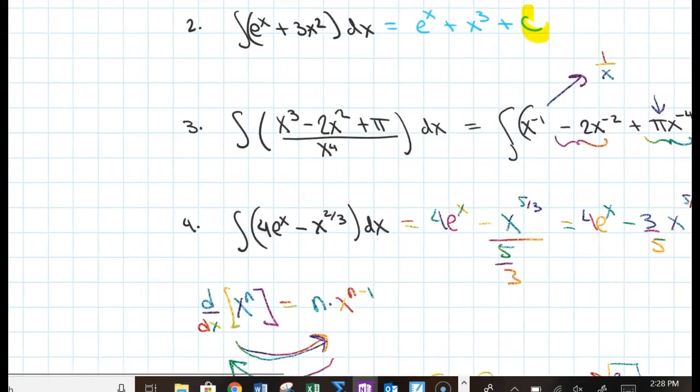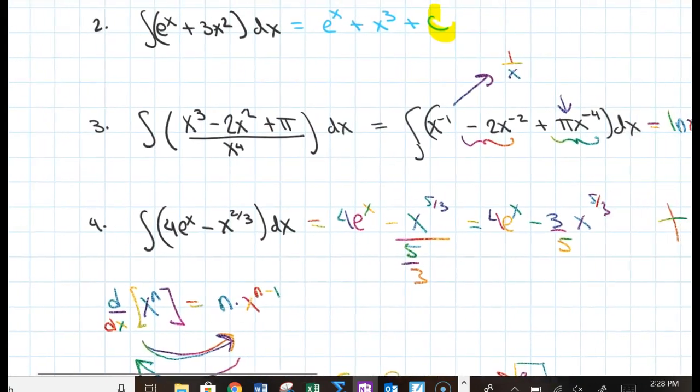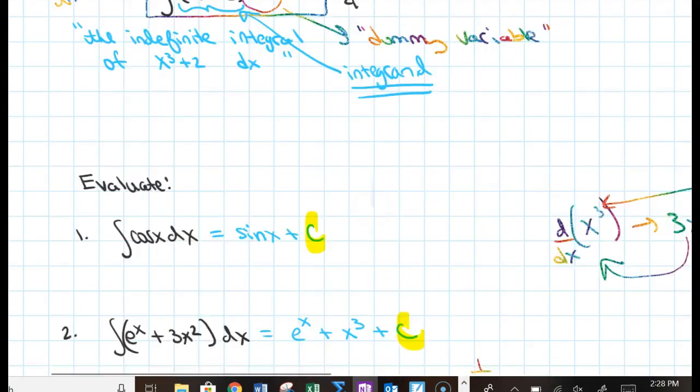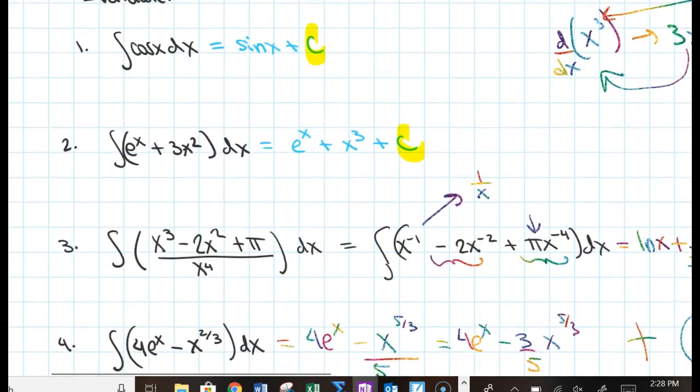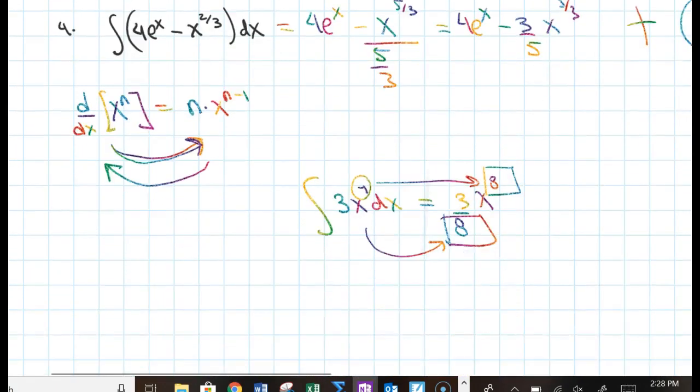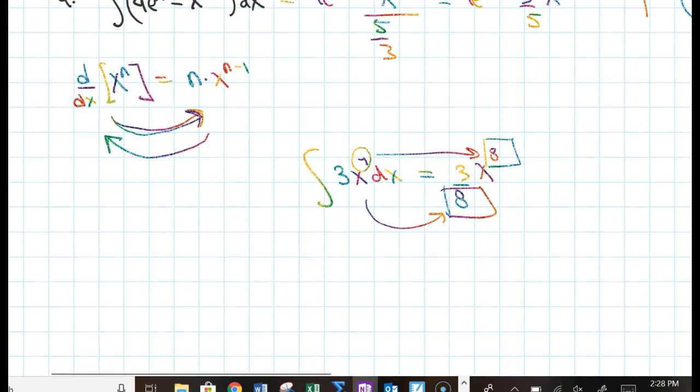All right? So what we're practicing tonight for your homework is taking the indefinite integral, or evaluating the indefinite integral, or we can call it the verb that it is. The verb is integrating, right? Just like taking the derivative, we have a verb associated with that.